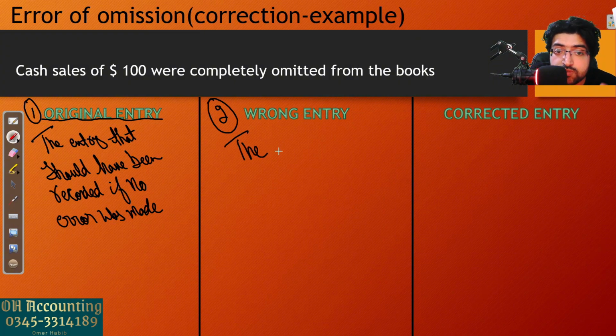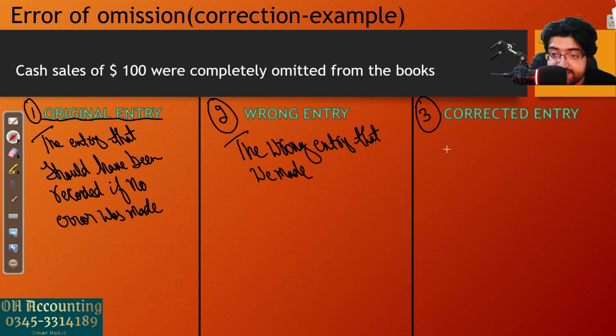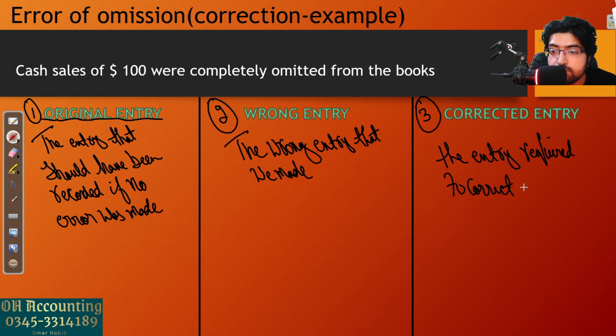Okay, here we will show the wrong entry that we made. And finally, we will record the corrected entry. Okay, the entry required to correct the error that we made. Okay, that's why we will use these three columns.